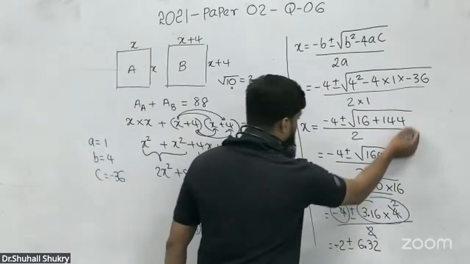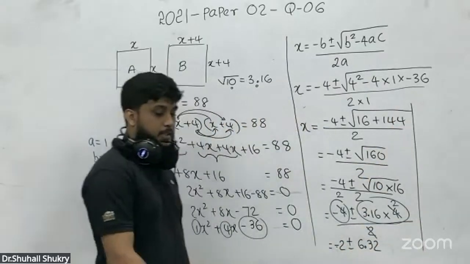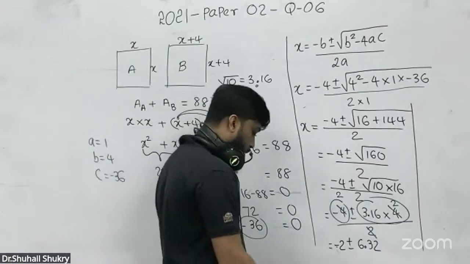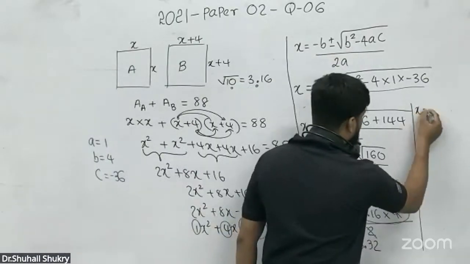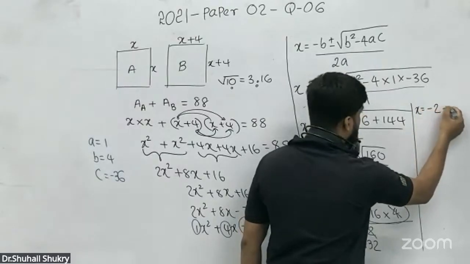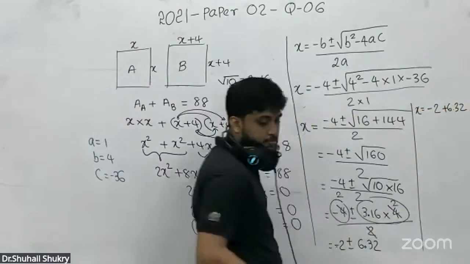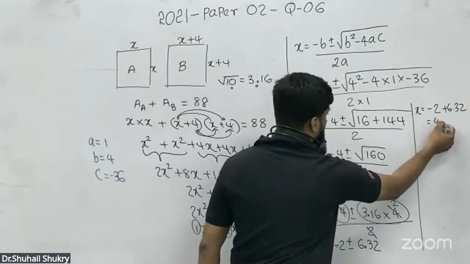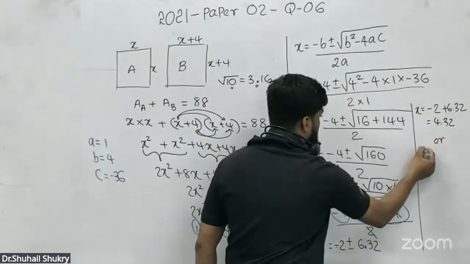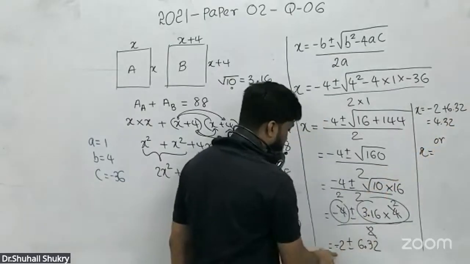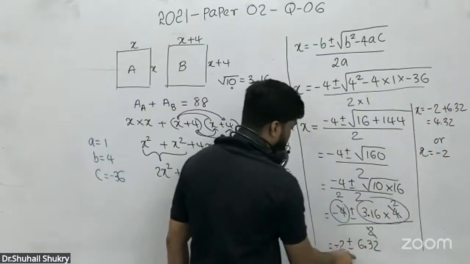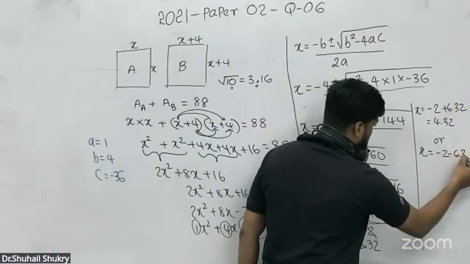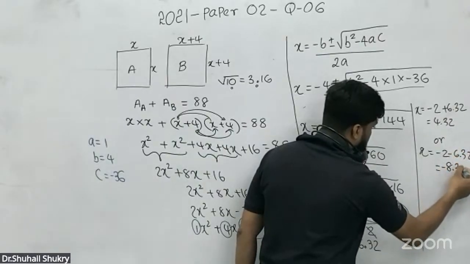Then I can simplify this and get two answers. x equals minus 2 plus 6.32, which gives 4.32. Or x equals minus 2, and now we take the minus 1, minus 6.32, which gives minus 8.32.